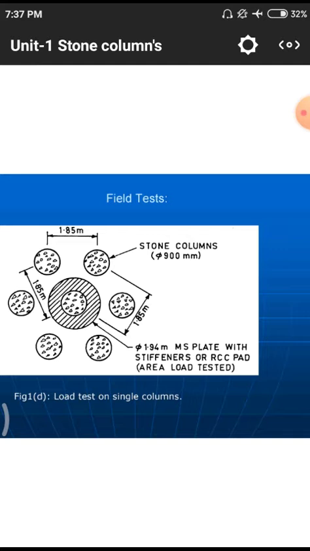For each and every column we have a 1.85 meter center-to-center distance, from the central column to the end one. We need to maintain all of this to scale, otherwise there may be eccentric patterns, and due to eccentric patterns there may be a huge amount of force dissipation from one particular column only.